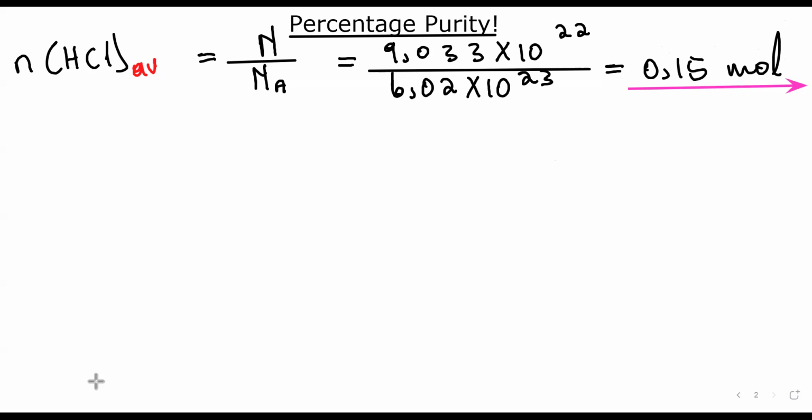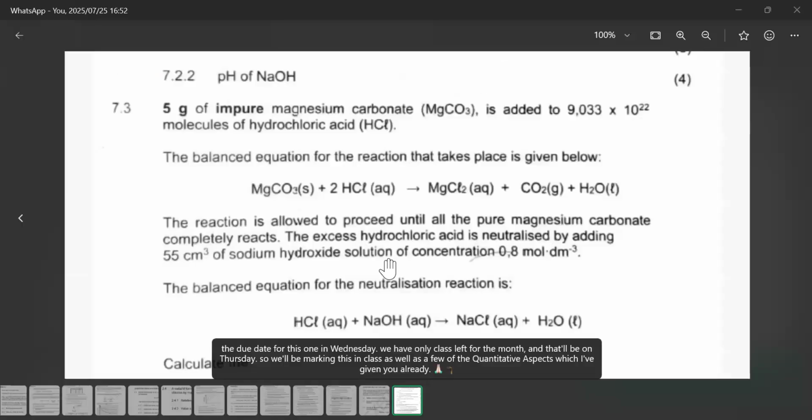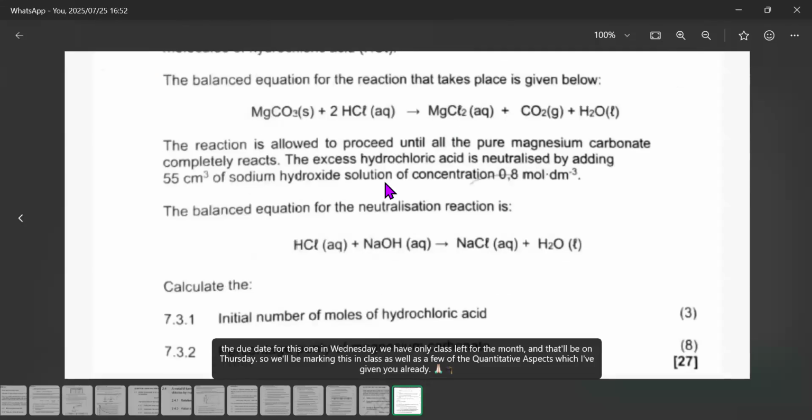Perfect sense. We have 2 zeros after the 1-5. So they won't really have that much of an impact. Of course, the impact will be there, but it won't be that great. So these are the moles of hydrochloric acid which are available at the start of the reaction. And for this one, I'm not going to ask you if you have a question on it. So let's move on to the next one.